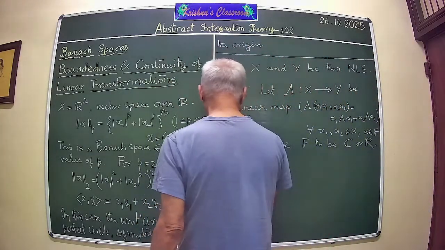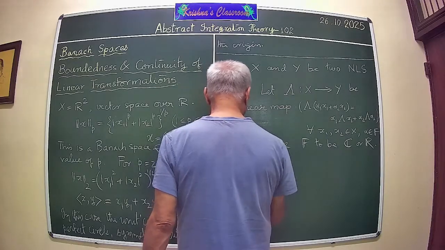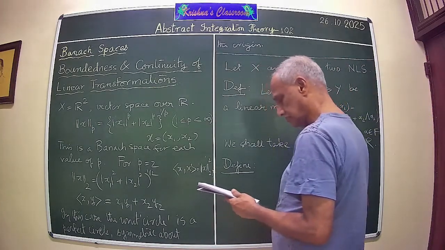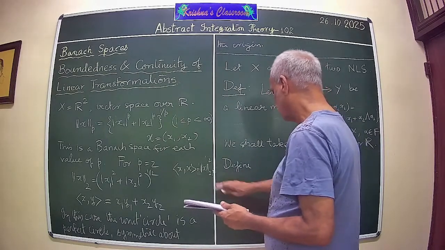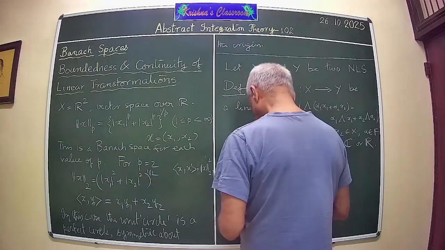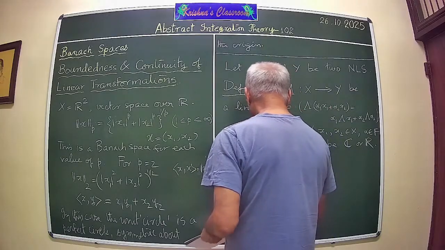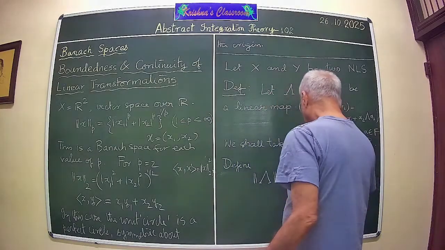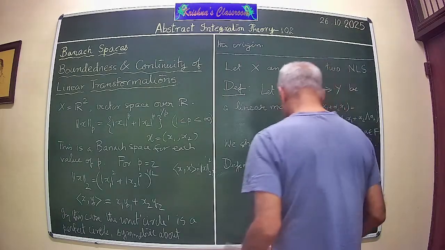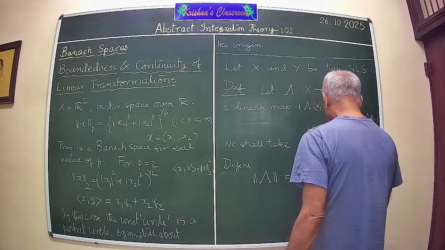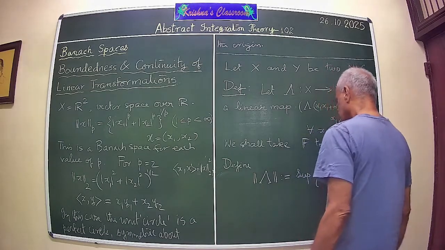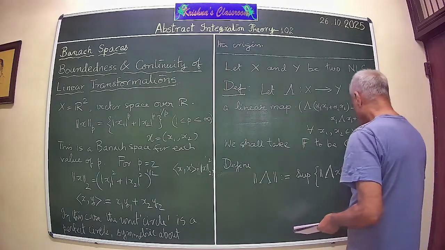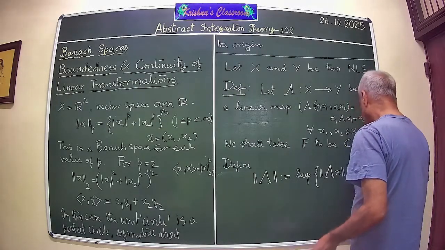I mean, we work on that. Now we define the norm of lambda to be the supremum of the norm of lambda x over the norm of x, with the supremum taken over x.